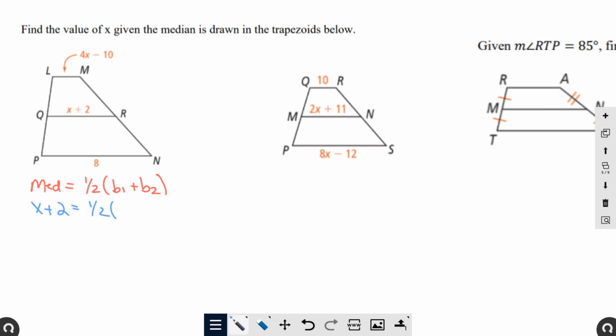Now, we need our two bases, which are 4x minus 10 plus 8. It doesn't matter what order you put the two bases in because you're adding, and addition is commutative, which means you can switch the order. So, what should we do first to solve? You could multiply both sides by 2. That would get rid of the 1/2. You got another way?